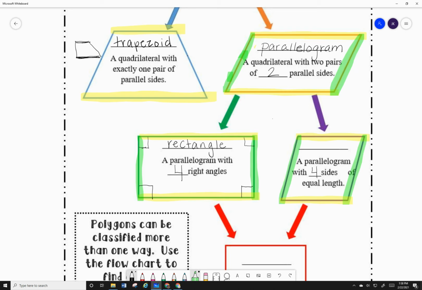So it does not have right angles like the rectangle, but it does have this special rule that it follows where every side is the same length. And we're going to mark our sides with that dash mark to show that the sides are equal. And we call this a rhombus.